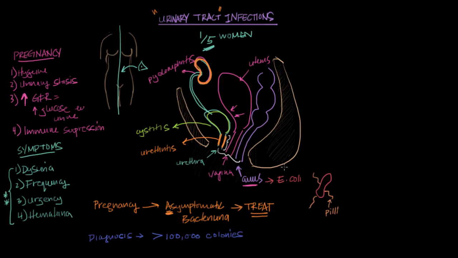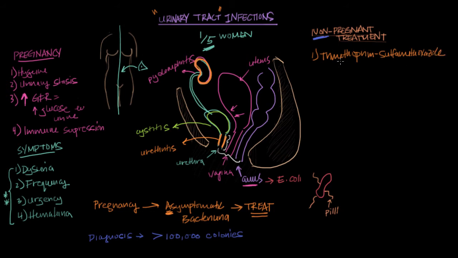Now, I want to mention one other important difference in UTIs in non-pregnant versus pregnant women, and that is treatment. So in a non-pregnant woman, or even a man for that matter, your choice of treatment is pretty diverse. It could be something like trimethoprim-sulfamethoxazole, right?